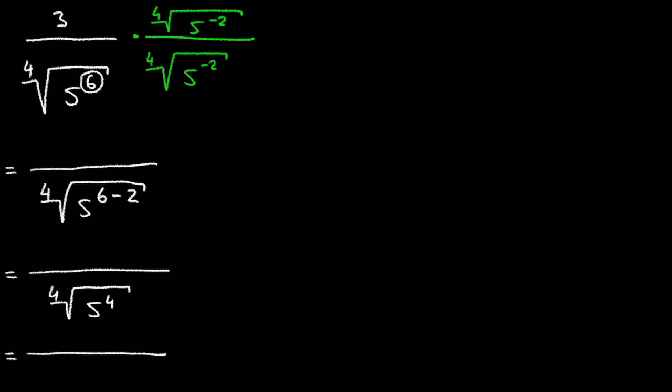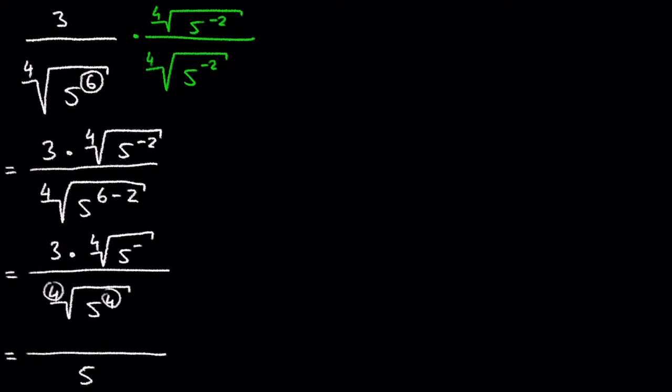Which becomes then finally 5. So we get 3 times the 4th root of 5 to the negative 2 over 5. But maybe we can also simplify the numerator further.